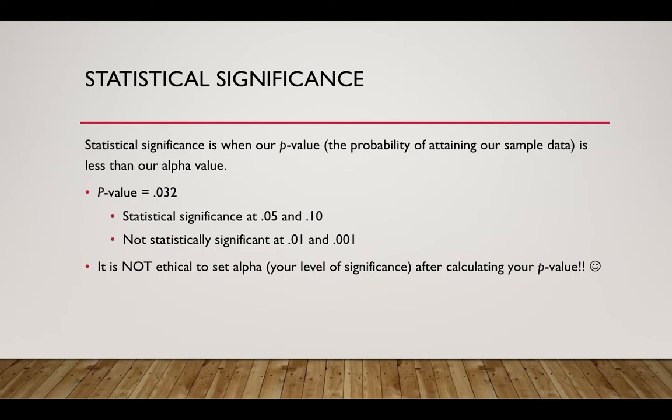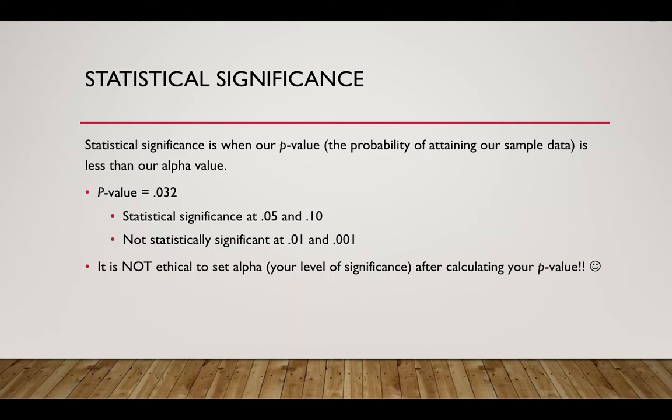Now, we're going to talk a lot about statistical significance. Once we get into research and become big boy, big girl researchers, you're never going to open up or read any research and see the words reject and fail to reject. It's either significant or it's not significant. Statistical significance is when our p-value, the probability of attaining our sample data if the null hypothesis is true, is less than our alpha value.